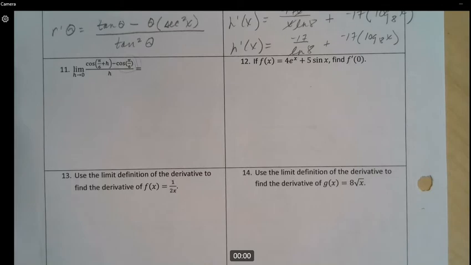It's the cosine of that value. And multiply the top and the bottom. What do you want to multiply it by? The numerator. So find a common denominator.